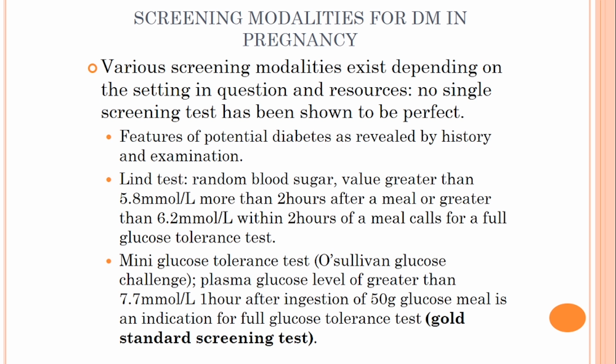When you have a plasma glucose level greater than or equal to 7.7 millimole per liter 1 hour after a 50-gram glucose load, it is an indication for a full oral glucose tolerance test.